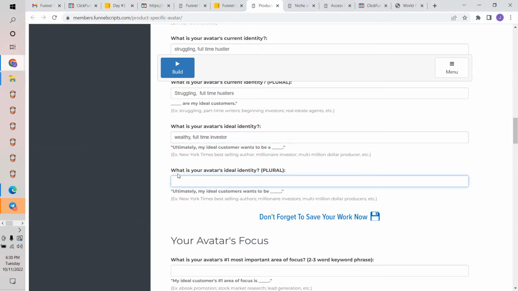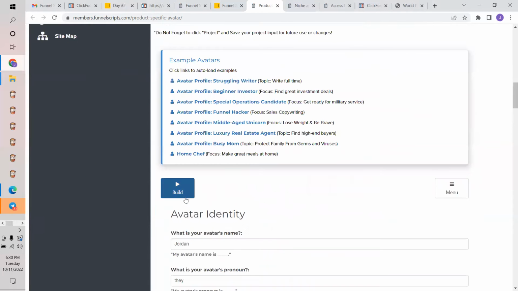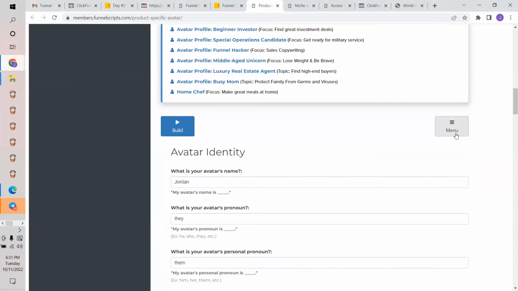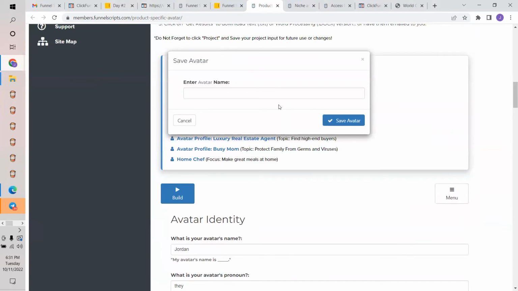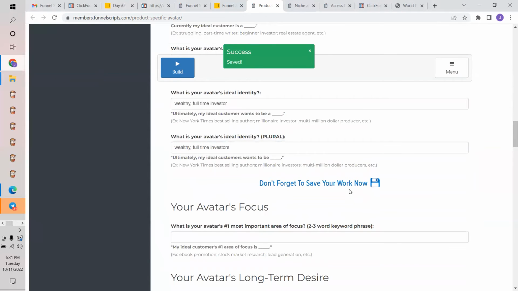What is your avatar's ideal identity? Wealthy full-time investors. Okay, let's save our work so I don't lose this. So we're going to call it Jordan. Save the avatar. Yay, we have saved our avatar.